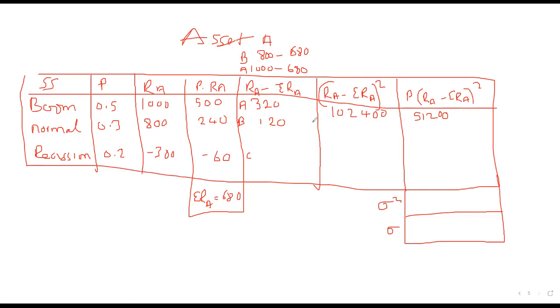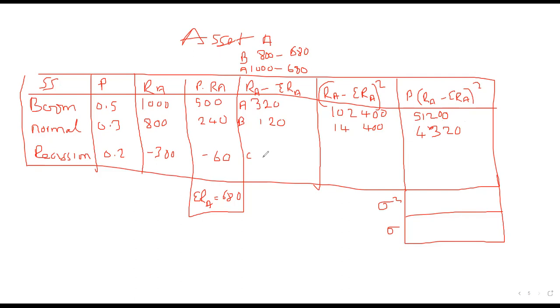We squared it to get 14,400. What do we do to the 14,400? You multiply by the probability. So what do we get? 4,320.